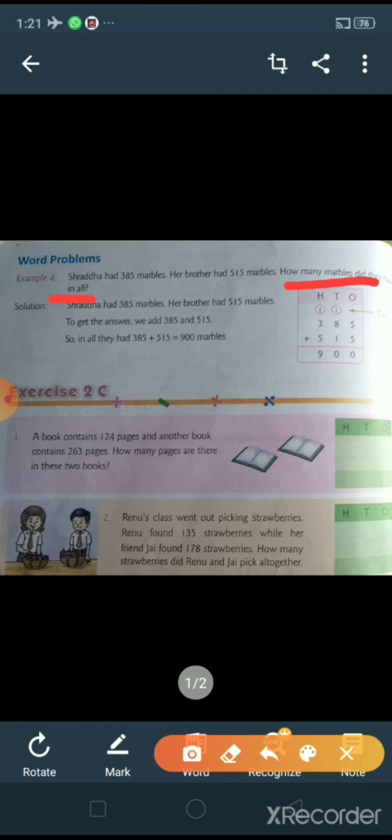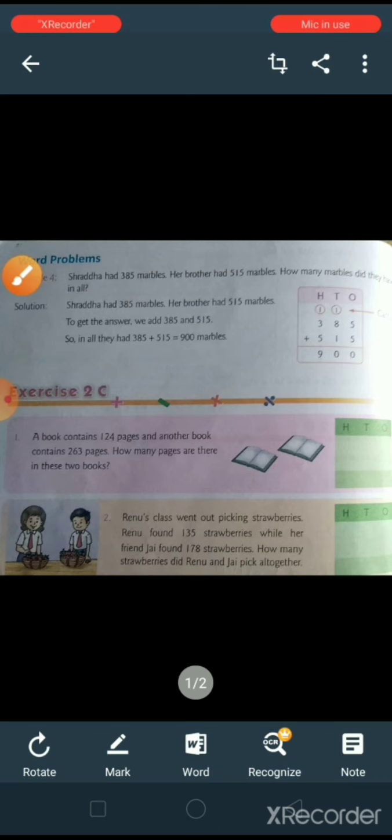So in all they had 385 plus 515 is equal to 900 marbles. I think there is no doubt about how to solve this question.